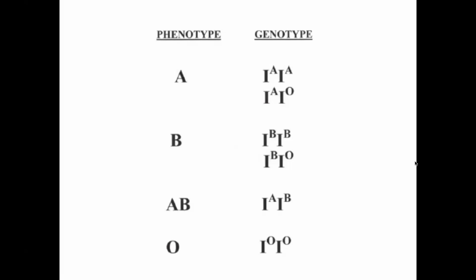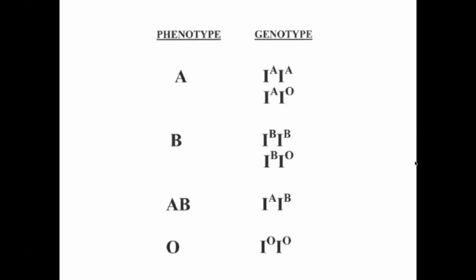If you're heterozygous for I superscript B and I superscript O, again, what would be the phenotype? It would be B. So that tells you that B is dominant to O. So O is a recessive allele in each of those two cases, and the A and the B are the dominant alleles.